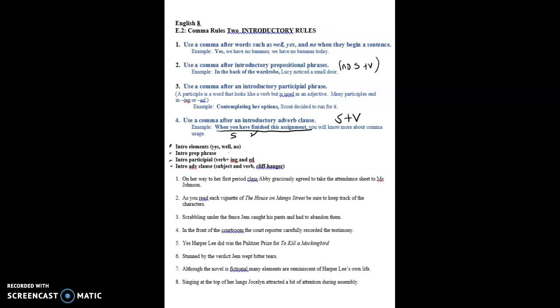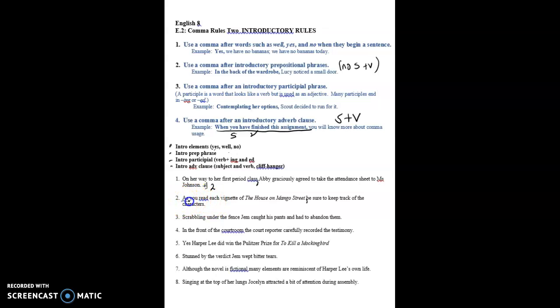So we'll start with 1. On her way to her first period class, you put a comma after class because we have 2 prep phrases. And so that's rule number 2, 2 prep phrases. Okay? This is going to be a little bit hard to write, but here we go. As you read each vignette of the house on Mango Street, you put a comma there, and you notice right away that it is obviously not an intro word.